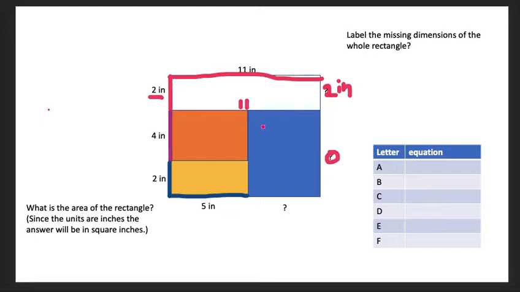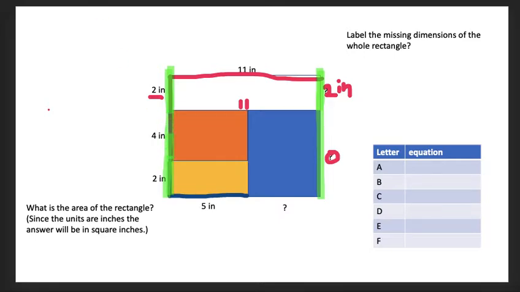All right. So if you notice, this part right here is 2 inches. This part right here is 2 inches. But if you even analyze it a little bit closer, this whole entire side has to be equal to this entire side.